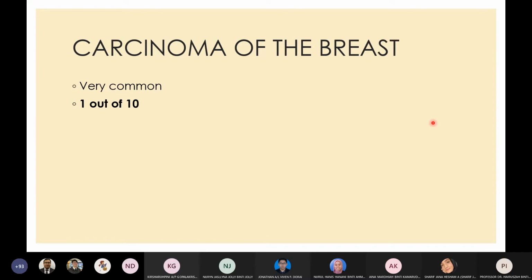Is that frightening? Yes or no? Yes, Doctor. But the good thing is, I know many breast cancer patients who actually survive. I've got a close friend who had cancer of the breast, and because she had chemo, radio and all that, she developed a second malignancy due to the treatment. Can you believe?